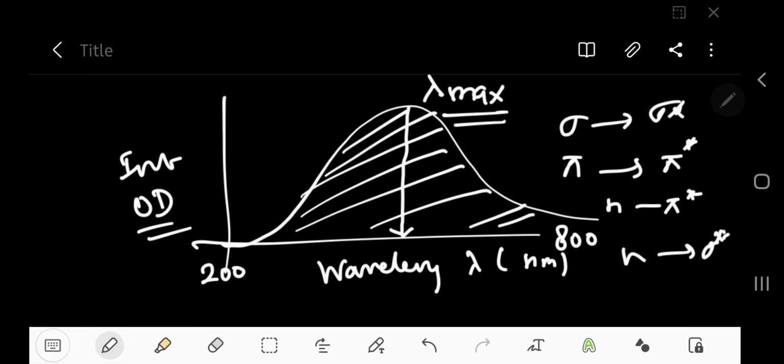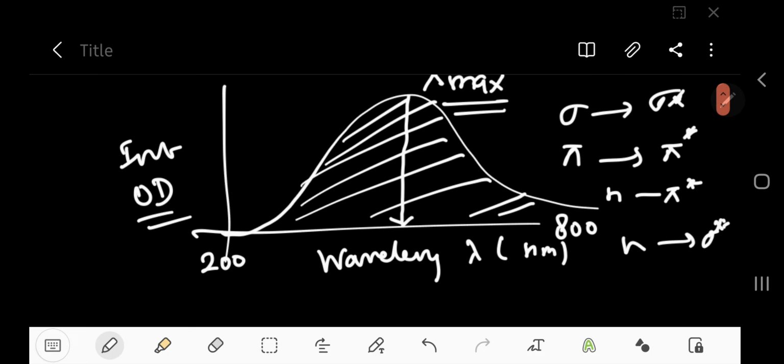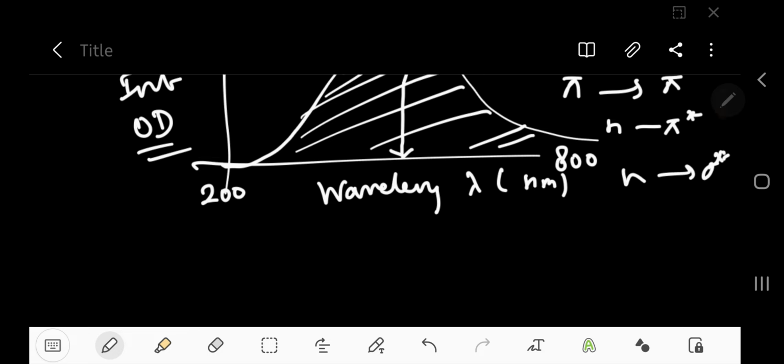We analyze the transmittance at last. By considering the intensity of incident radiation and the intensity of transmitted radiation, we can calculate the intensity of absorbed radiation. But above a particular concentration, the number of molecules within the path length becomes a problem.